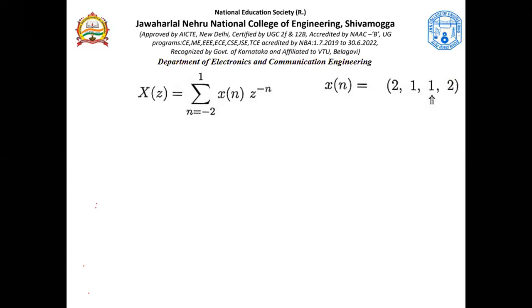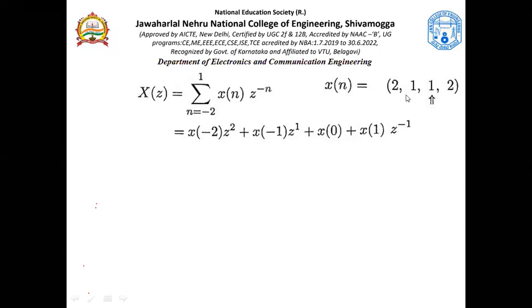Done that, everybody? Now, I hope you have finished, and this is how it should look. See here, the powers of z. You have positive powers of z as well as negative powers of z.